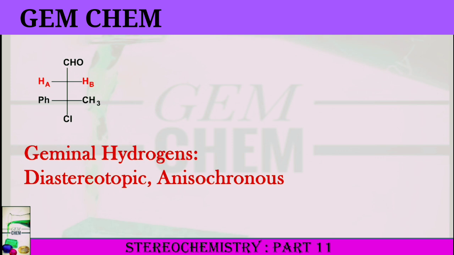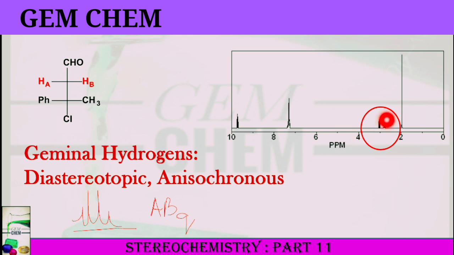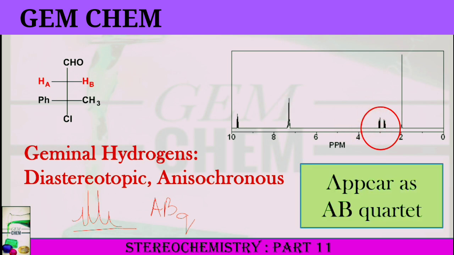The appearance will be like this: you have this peak, another peak and another peak. This is known as AB quartet, with Q written in small. This is the spectrum, and for these two protons we have the particular region as this part. So here we are obtaining ABq, that is AB quartet.